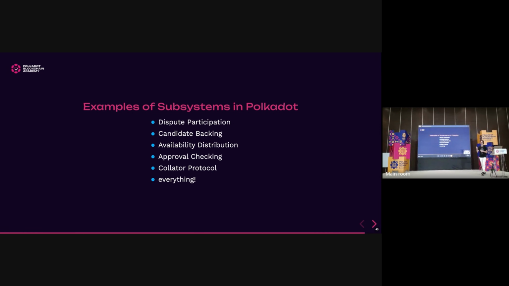So also, if you get a very, very minor slash, it disables some of your responsibilities as a validator, which reduces the amount of era points you get over time because you don't get to participate in some of the activities.